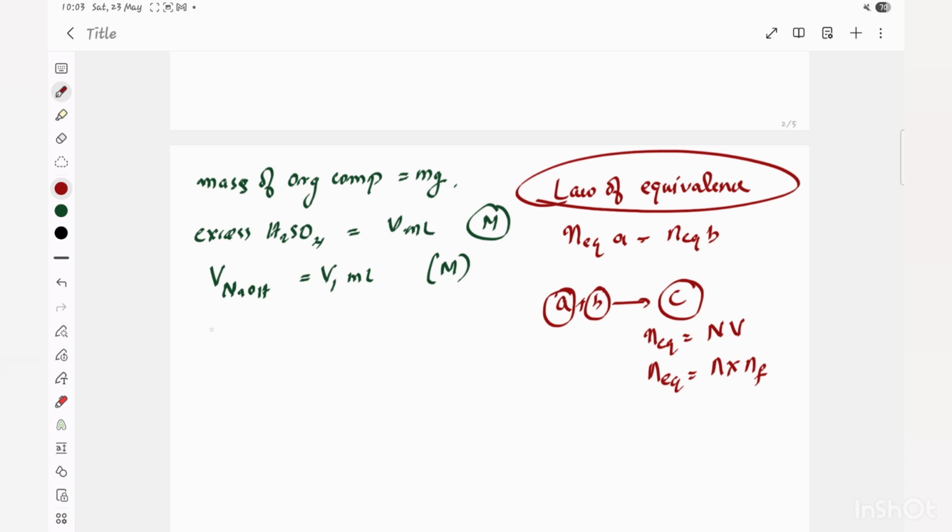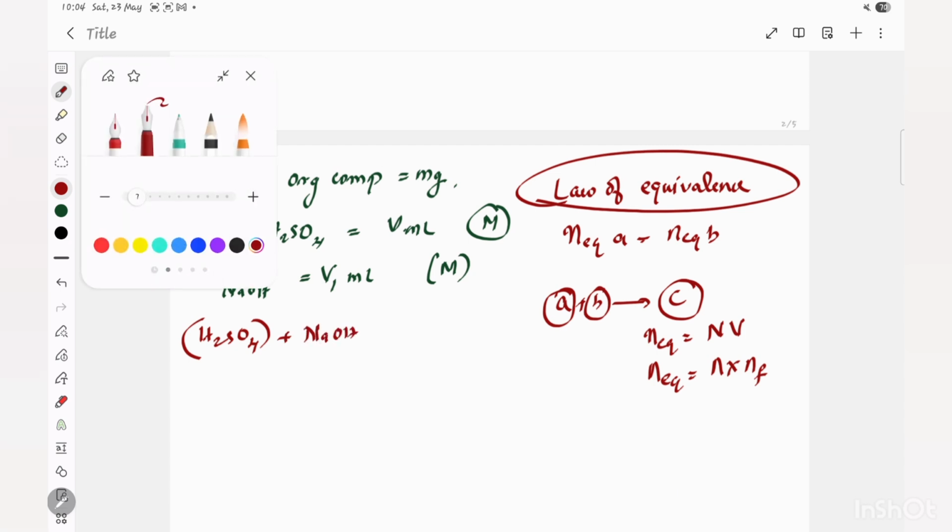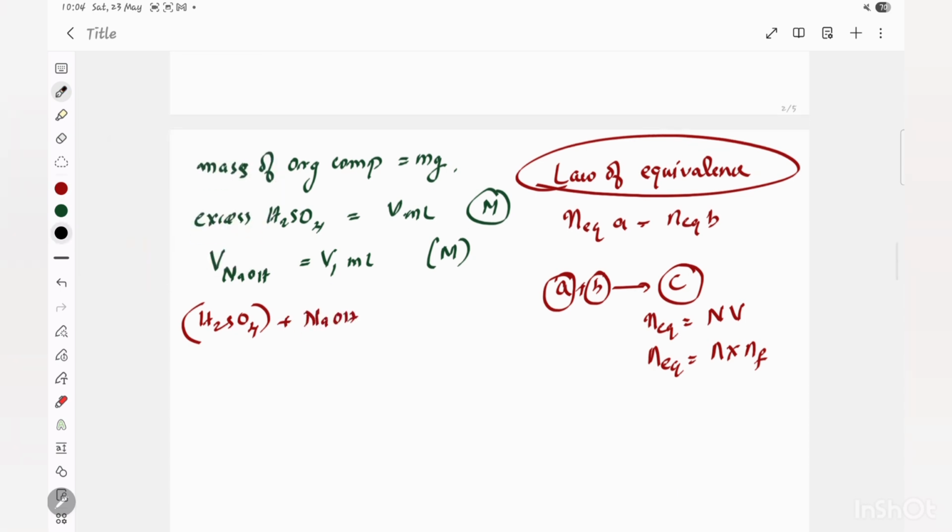Now first, who is reacting? H2SO4 is going to react with NaOH, right? So we can say that N equivalent of excess H2SO4 is equal to N equivalent of NaOH. Even if it is excess, whatever reacted, that only will be taken.